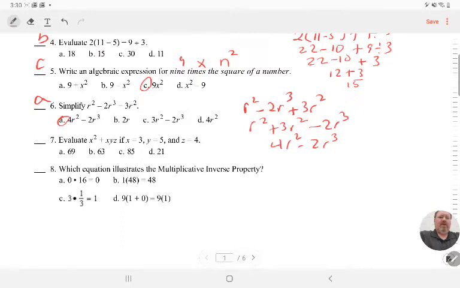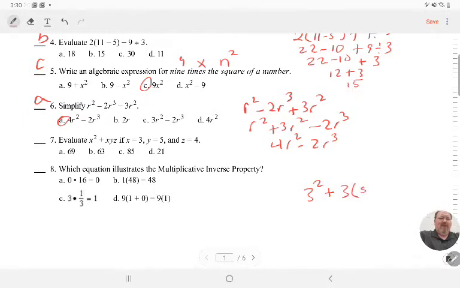Okay? And number 7, to evaluate. So we would have x squared plus xyz. If x is 3, y is 5, and z is 4. So we just plug in what we know. That would be 3 squared plus 3 times y.